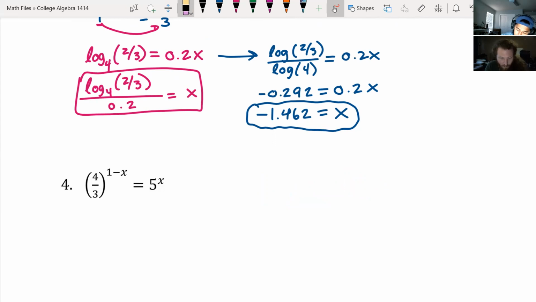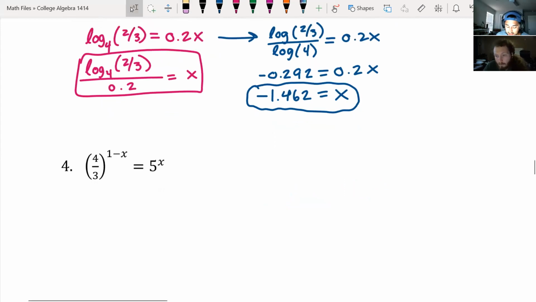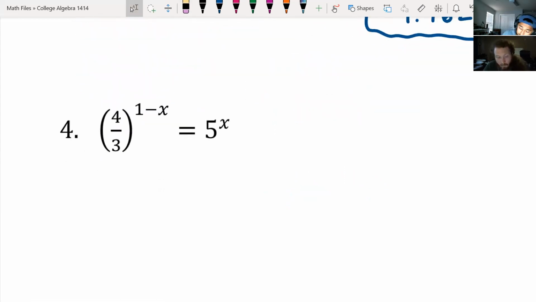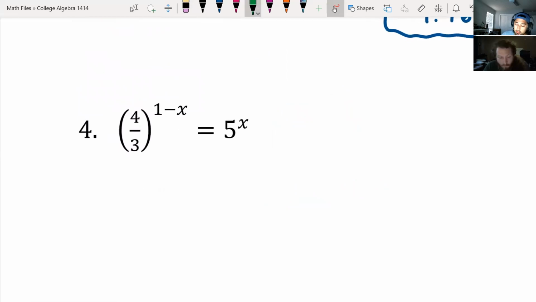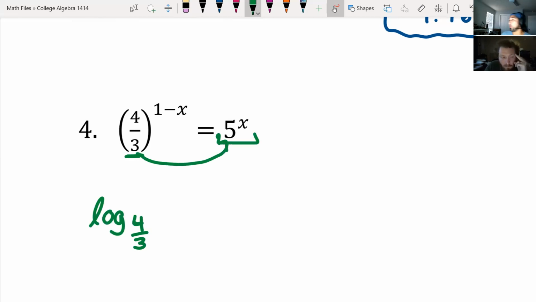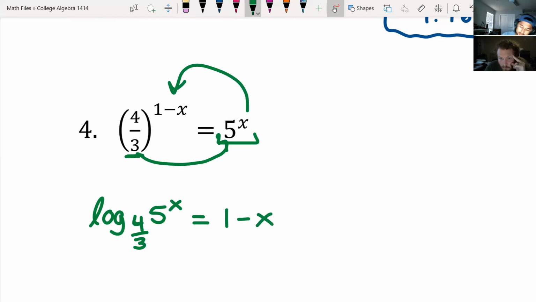Cool. Okay. And then we have 4/3 to the 1 minus x equals 5 to the x. So let's go ahead and rewrite this as a log. Here is our base, and we're going to get log base 4/3 of the outside number, this whole thing, 5 to the x, set equal to 1 minus x.